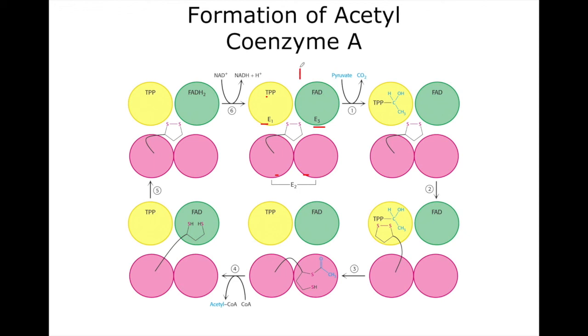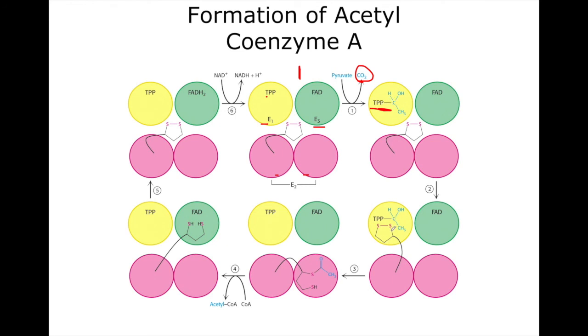So let's start right here. In step one, my pyruvate comes into the E1 portion. It reacts with the TPP, and we get a decarboxylation, and we form our hydroxyethyl TPP intermediate, which you can see here. That occurs in the E1 active site.